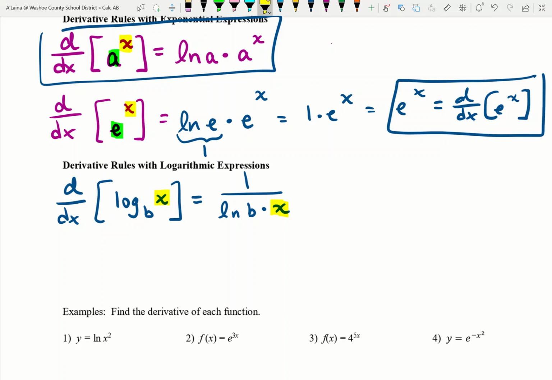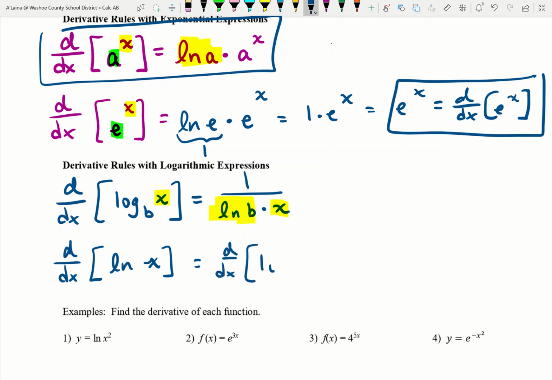I'd like you to notice that both the derivative of an exponential and the derivative of a logarithmic function have a natural log of the base as part of the answer. If we look specifically at the derivative of a natural log, keep in mind a natural log can be rethought of as log base e of x. Then the derivative rule follows the same pattern as the generalized rule for a logarithmic function.